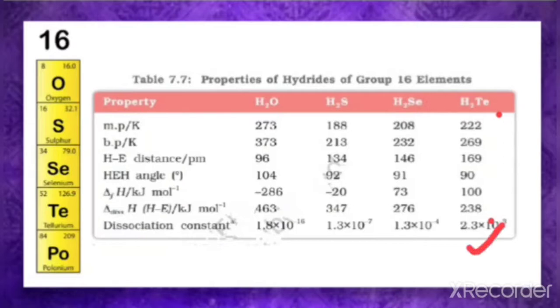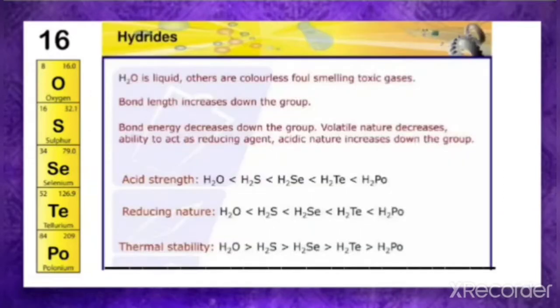So it is more acidic and unstable among all the others, and it has a greater reducing character. Among the hydrides, H2O is a liquid, others are colorless, foul smelling gases. So why is H2O a liquid? Because there is intermolecular hydrogen bonding in water, but in the case of other molecules it does not exist.